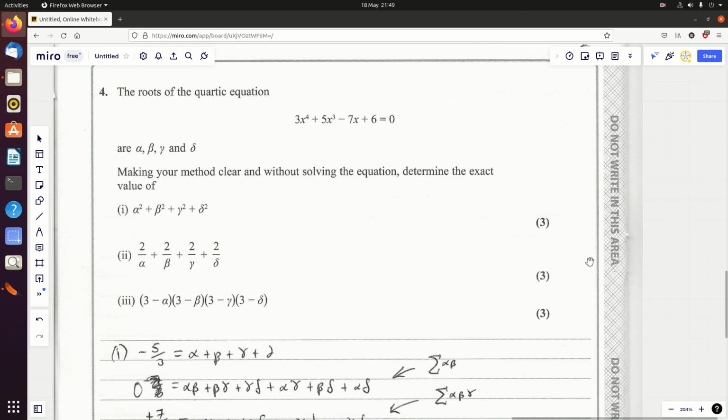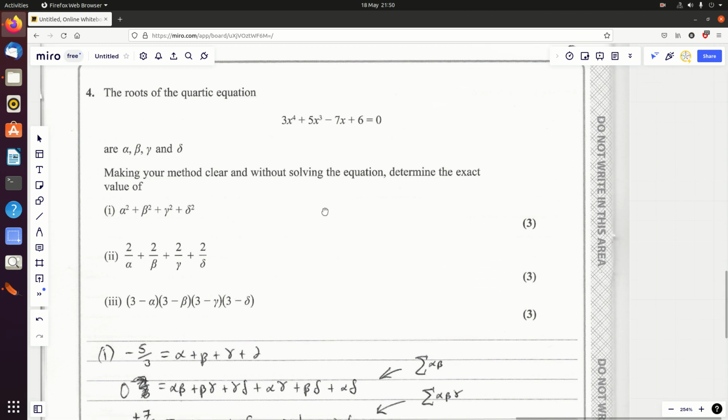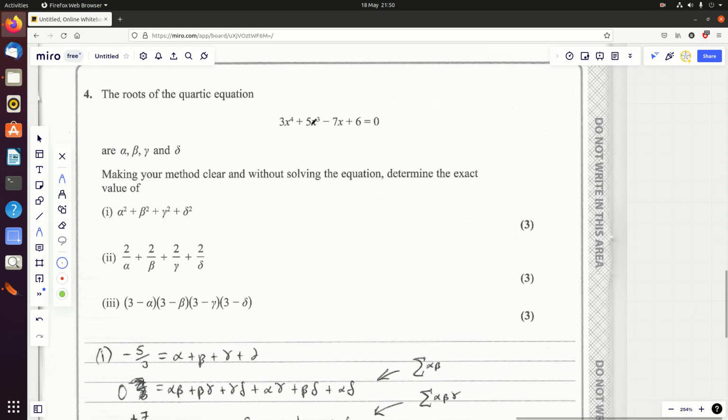Okay, so if we're doing something like this, I guess firstly we want to talk about the roots alpha, beta, gamma, and delta. Now minus b over a, which is minus 5 over 3, is going to be the sum of the roots, and we call that the sum of alpha. But really that means alpha plus beta plus gamma plus delta.